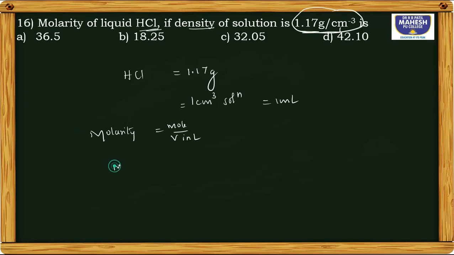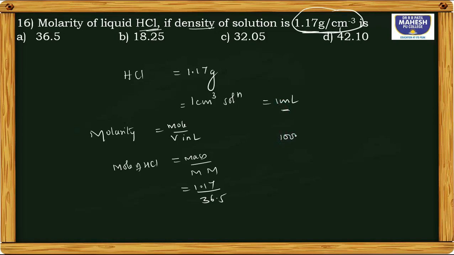So how to get the mole of HCl? Mole is simply mass divided by molar mass. What is the mass? 1.17. What is the molar mass of HCl? Cl is 35.5, H is 1, hence it is 36.5. Suppose if I solve that, I am going to get one value, let it be there. Let me convert this also.